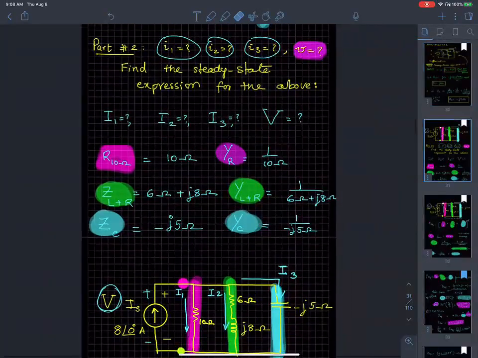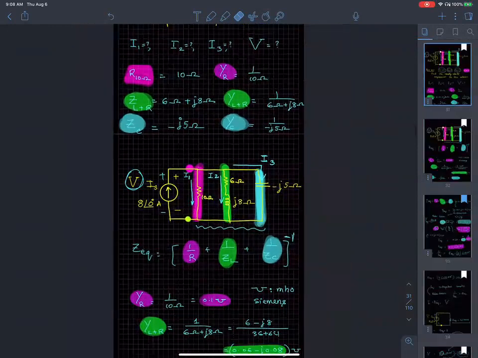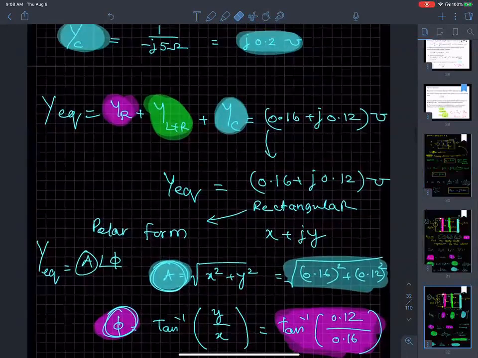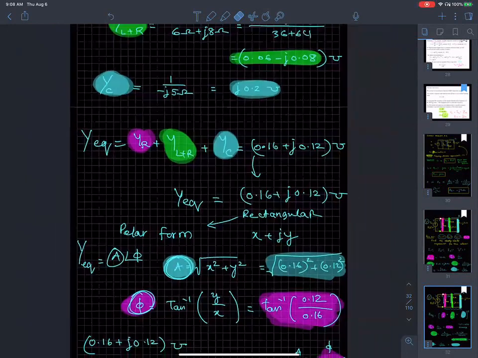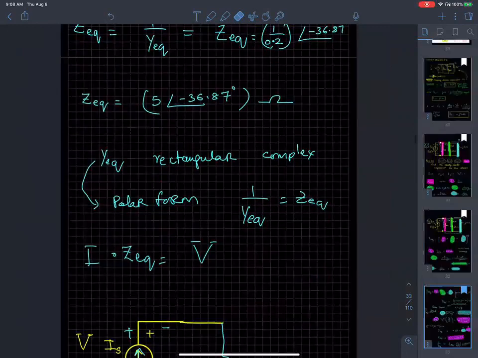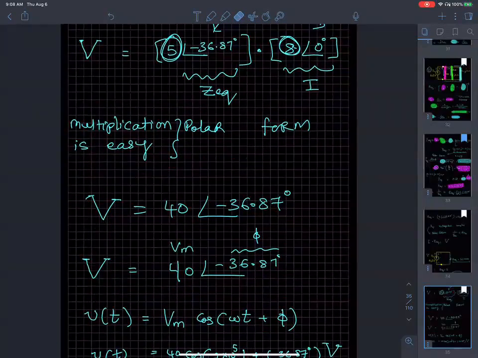I did the sum in the complex domain, simply adding the real part and imaginary part, and I did the product in the polar form.